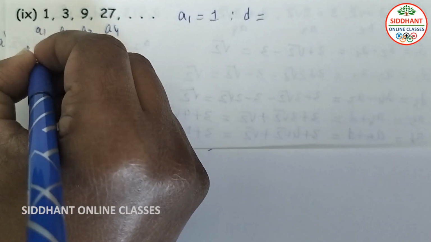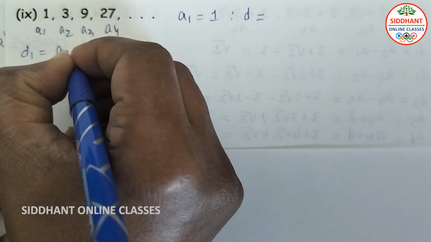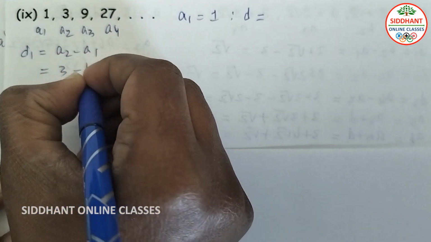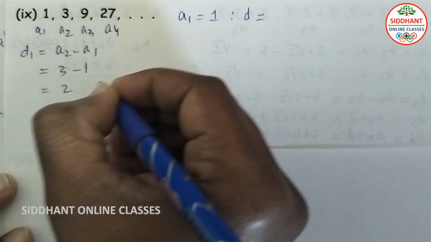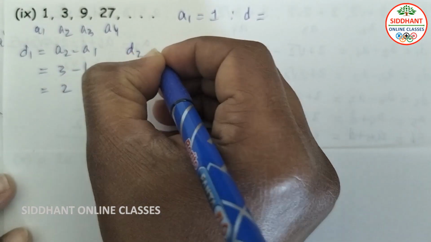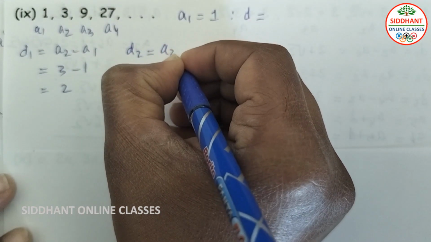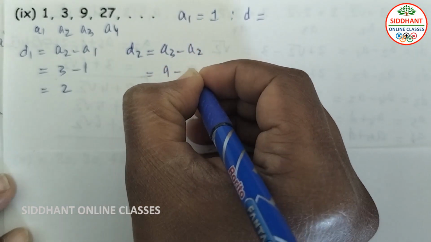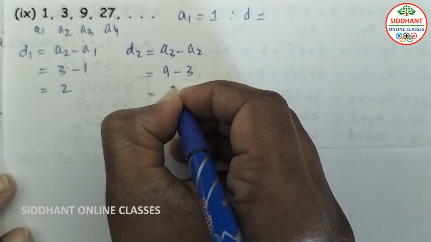So D1, which is A2 minus A1, that equal to 3 minus 1, that equal to 2 here. D2, which is A3 minus A2, that equal to 9 minus 3, that equal to 3 here.